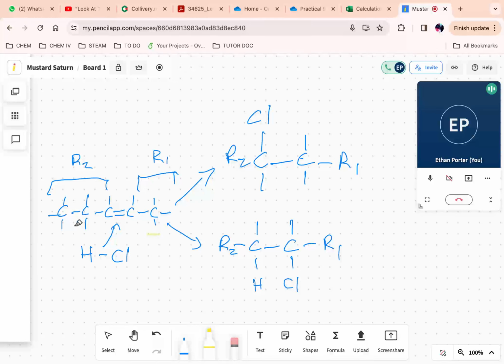As you can see, this is one carbon, this is two carbons. R1 and R2 are different. Technically, you have a different molecule if Cl adds closer to R1 or if it adds closer to R2. So the answer to this question is basically this is A and B. It doesn't matter which way you denote it. You just have to draw this.